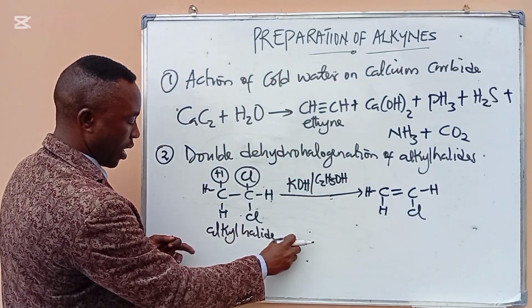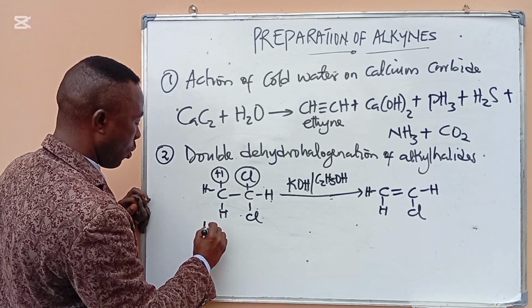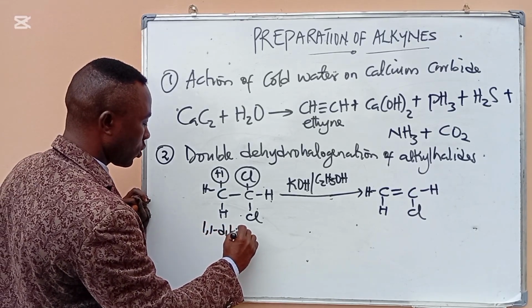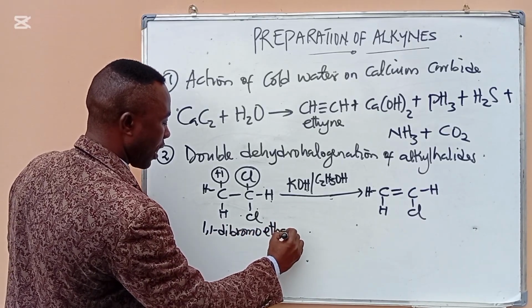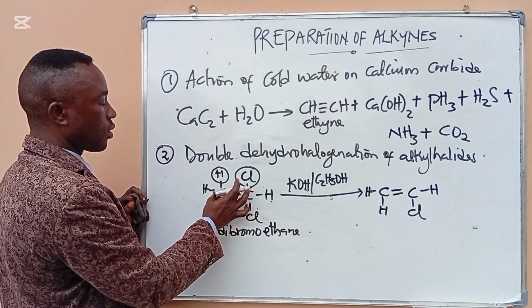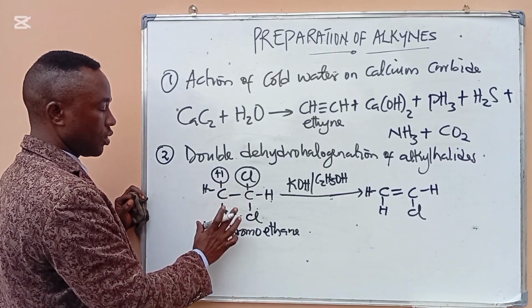The name of this compound, which is an alkyl halide, is actually 1,1-dichloroethane. And when we remove chlorine and hydrogen, a double bond is created.